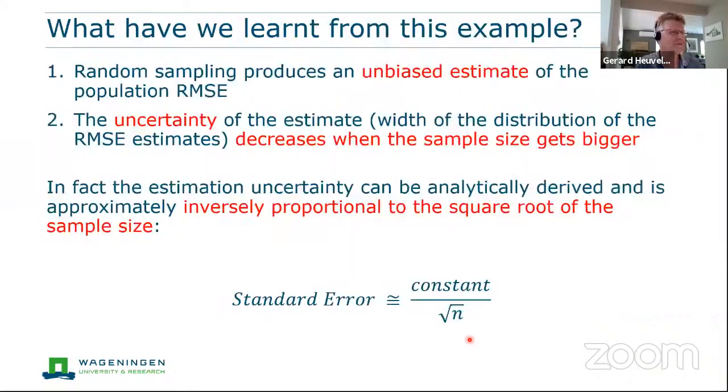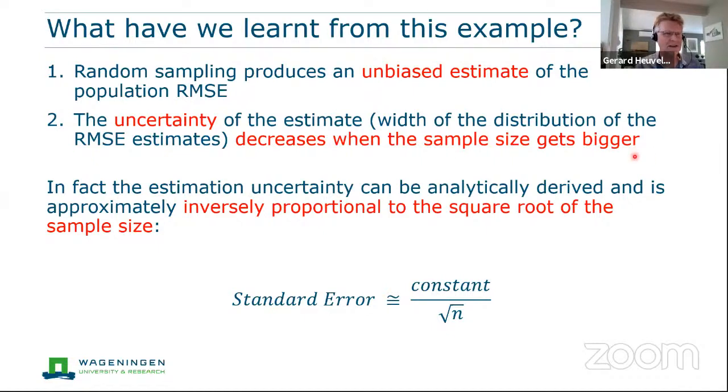Well, let's continue. Okay, so what have we learned from this example? Random sampling produces an unbiased estimate of the population RMSE, because the center of that distribution is centered on the population RMSE, and the uncertainty of the estimate, how close it is to the true population RMSE, decreases when the sample size gets bigger. So of course that's good.